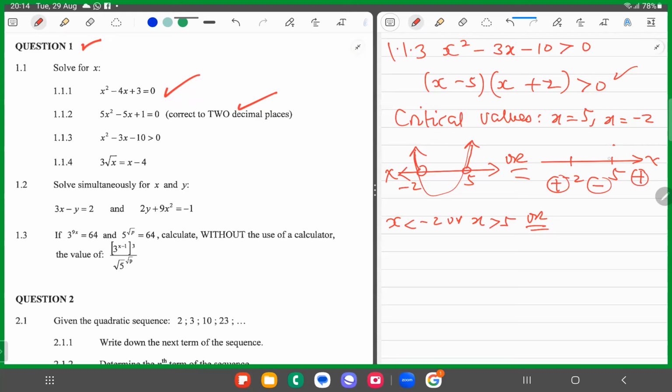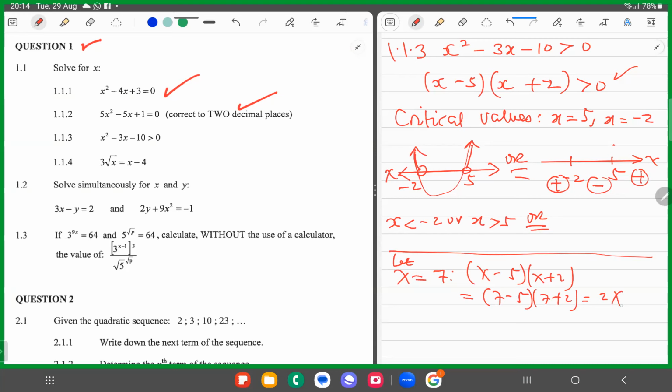So how do we do this? Let x be 7, because 7 is bigger than 5. Then you take x minus 5 and x plus 2. You plug in 7 minus 5, 7 plus 2, which is 2 times 9, which is 18. And 18 is a positive number. You do that here, you're going to get a positive, and so on.